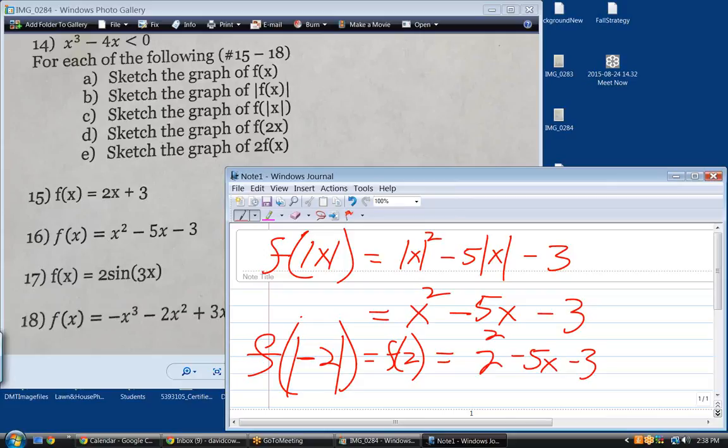I think f of the absolute value of x is the same. No, it's not going to be the same as f of x, because when x is negative, it's not the same. Yeah, I'm 90% sure that that's the right answer. Okay.